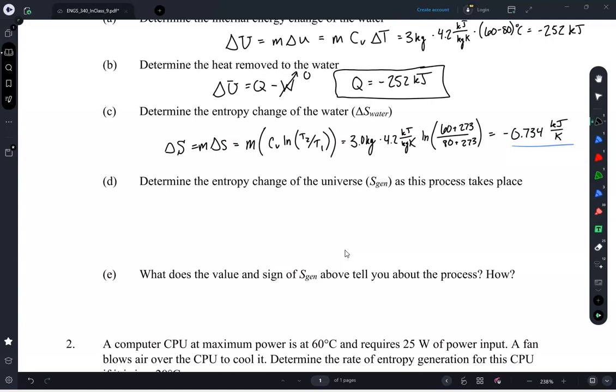All right, what we're going to do now is find S_gen. So we'll use this equation that we talked about briefly in class, Q_in over T_in minus Q_out over T_out plus S_gen. What we want to do is find S_gen, so this is unknown.